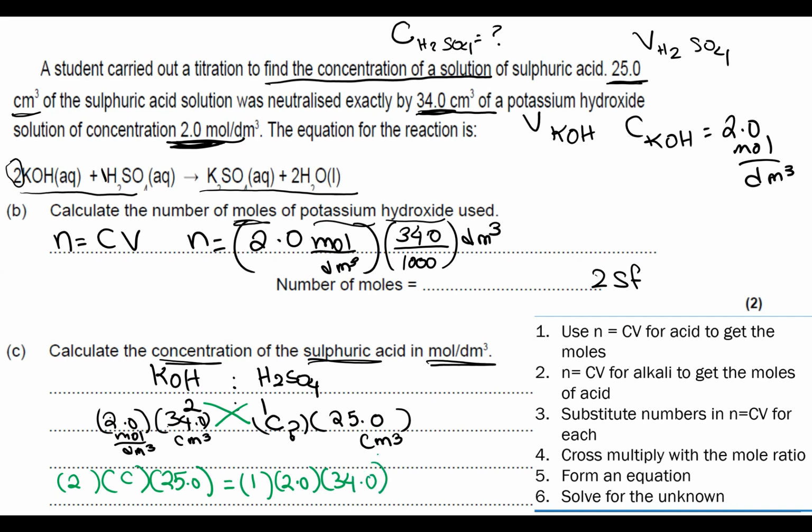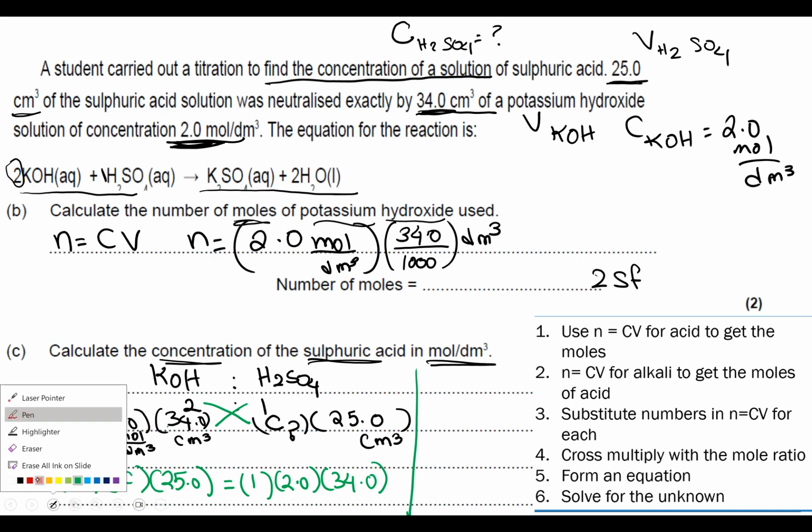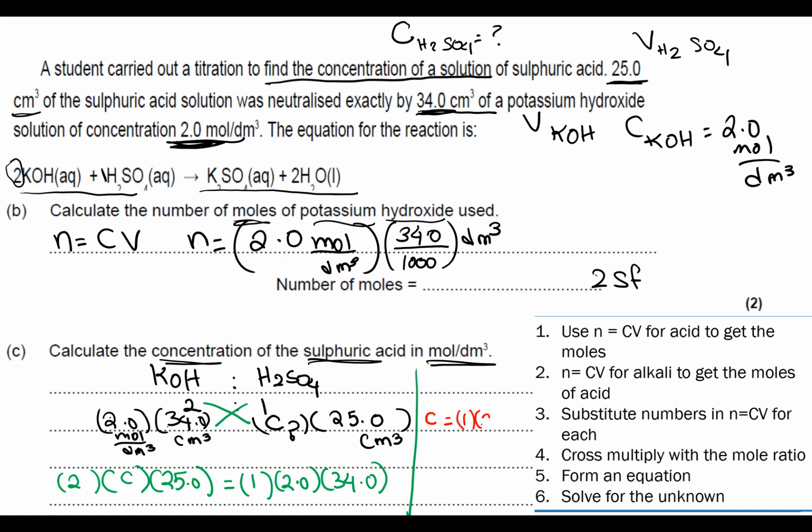And now to solve for C, C equals 1 times 2.0 times 34.0 divided by 2 over 25.0.